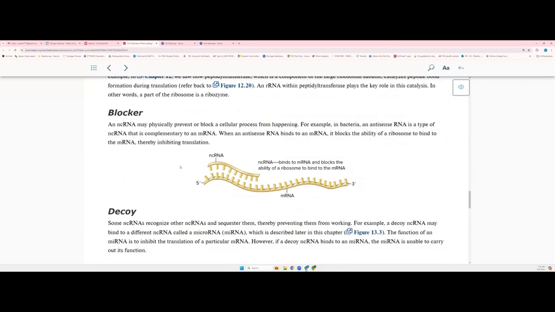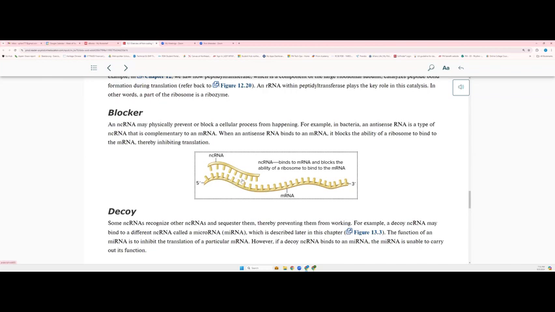Another type of application of non-coding RNA is as a blocker. Non-coding RNA can physically prevent a cellular process from happening. For example, in bacteria, antisense RNA is a type of non-coding RNA that is complementary to the mRNA. This complementarity lets the non-coding RNA bind to the mRNA.